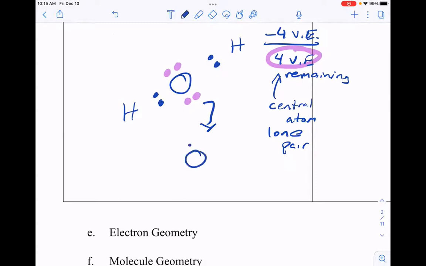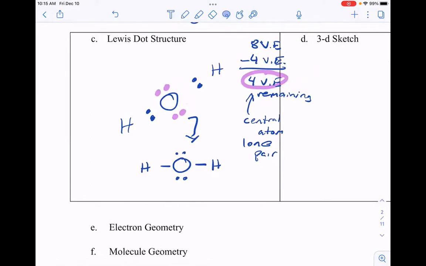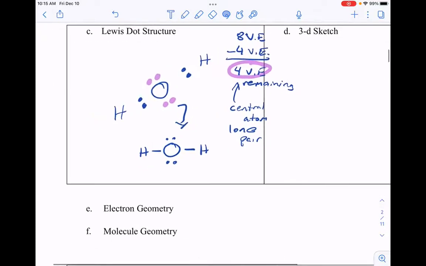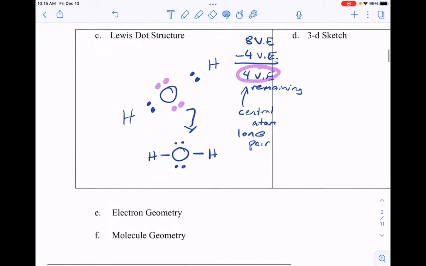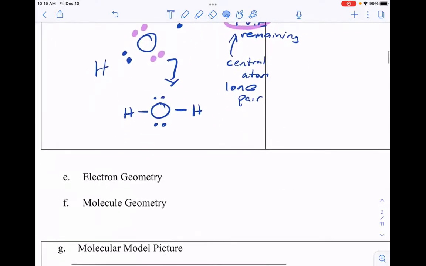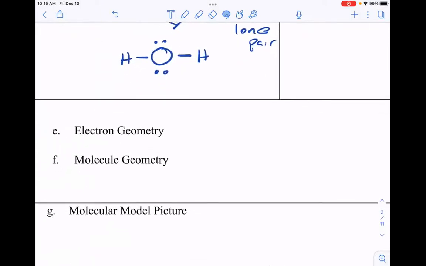And so what we have here is something that looks like this, if we're representing it as a general Lewis structure with lines between 2 atoms. Does that make sense? Okay. I know that we did this in class, and so hopefully this feels a little familiar.